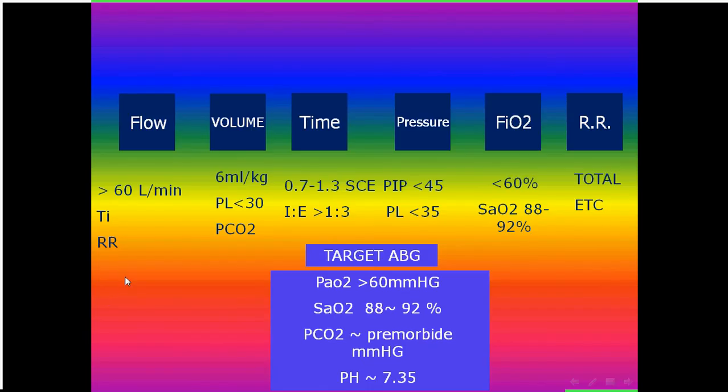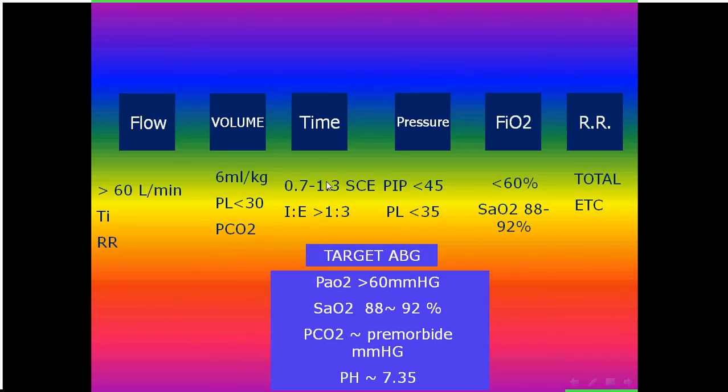To conclude, before we start discussing: the flow should be high, and this will affect the inspiratory time and the respiratory rate. Take care, an increase in the flow will be associated with an increase in the respiratory rate. The volume should be around 6 ml per kilogram body weight, and when you talk about the volume, we should consider 2 points. The volume will define the plateau pressures, and the volume with the rate will define the minute volume, which will adjust the partial pressure of carbon dioxide.